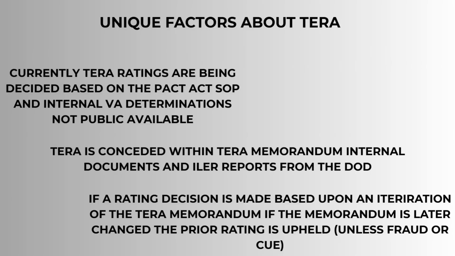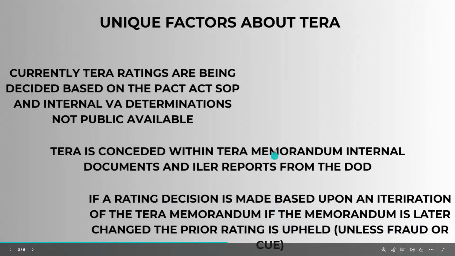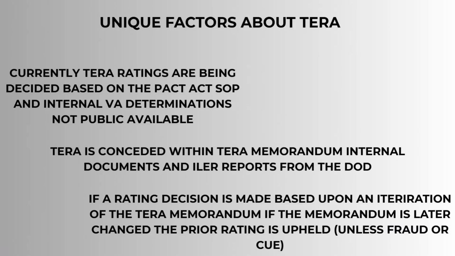So if you were granted for hypertension due to lead exposure or something like that, and in a subsequent finding they said, you know what, I can't find lead in his records at the time, well, as long as it's not due to fraud or a clear and unmistakable error, and that wouldn't rise to a clear and unmistakable error, then you get to keep the award. Even if you do increases on it, the service connection should be retained.